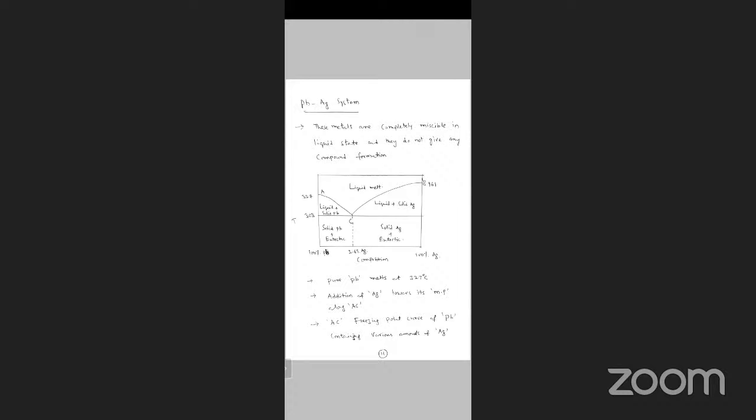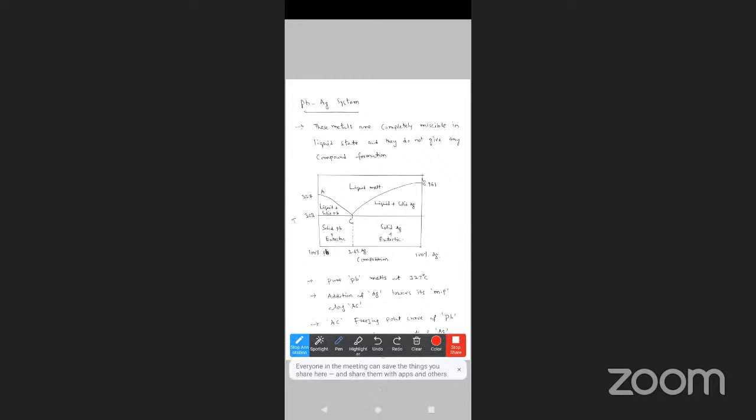Now take this phase diagram of the lead silver system, where the x-axis is composition and the y-axis is temperature. This curve is AC, and this is BC. Here at this point is 100% lead, Pb.